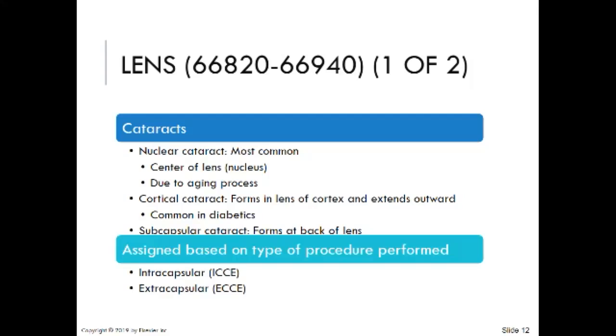Subcapsular cataract forms at the back of the lens, assigned based on the type of procedure that's performed. So intracapsular is ICCE, or extracapsular is EECE or ECCE.